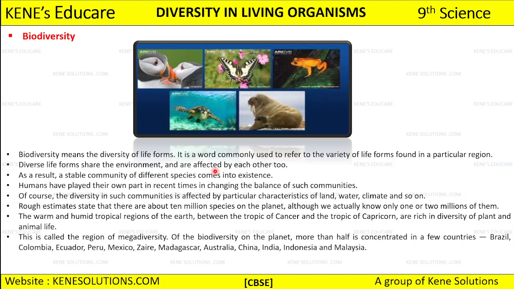Of all the biodiversity existing on the planet, more than half of the diversity, or more than half of the organisms, are concentrated in a few countries like Brazil, Colombia, Ecuador, Peru, Mexico, Zaire, Madagascar, Australia, China, India, Indonesia, and Malaysia. So these are some countries where the biodiversity is concentrated more than half.